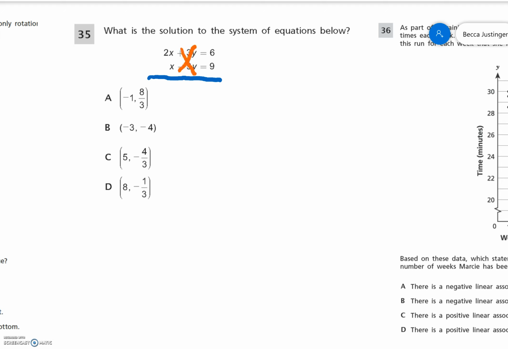Those would cancel each other out. So I add everything else, remembering that this is 1x. So 3x equals 6 plus 9 is 15. Solve for x by dividing by 3, and x equals 5. So the answer has to be C. It's the only one where x is equal to 5.